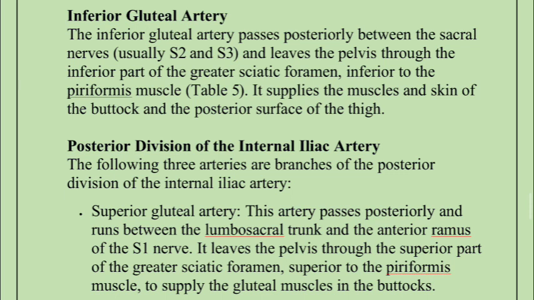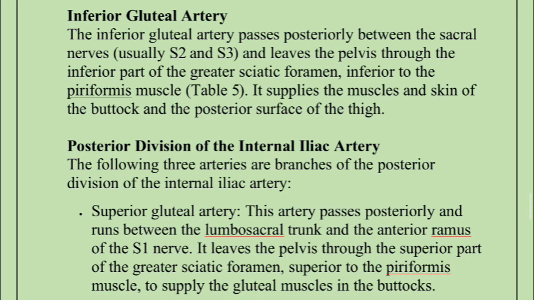Posterior division of the internal iliac artery. The superior gluteal artery passes posteriorly, and it runs between the lumbosacral trunk and the anterior ramus of the first sacral spinal nerve, what we call the S1 nerve.